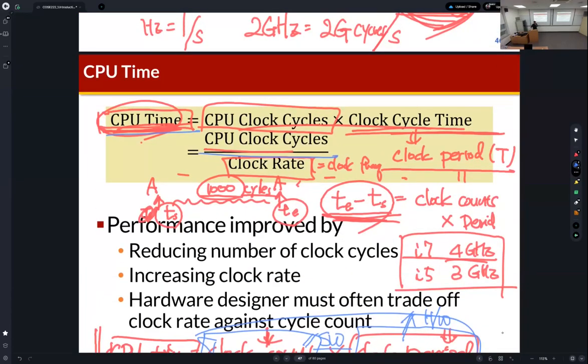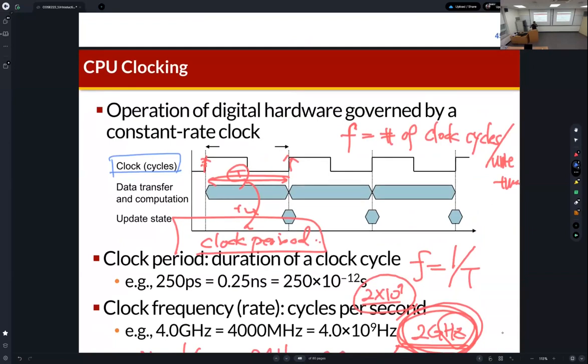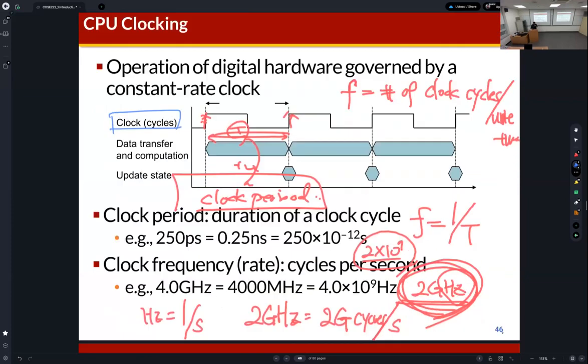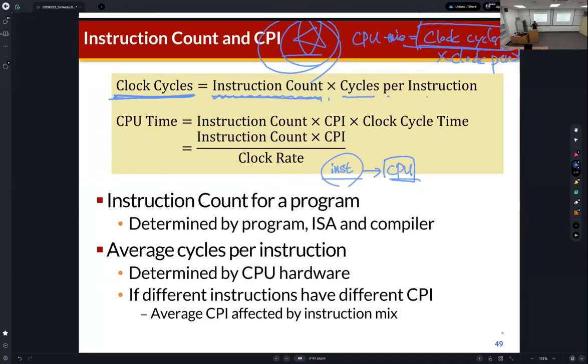Firstly, performance, the execution time, is represented using clock cycles or clock signals. We use the clock count multiplied by the clock period. Why? Because the CPU is a digital system, and digital systems work with clock signals. That's what I explained. And now we represent clock count using instructions.